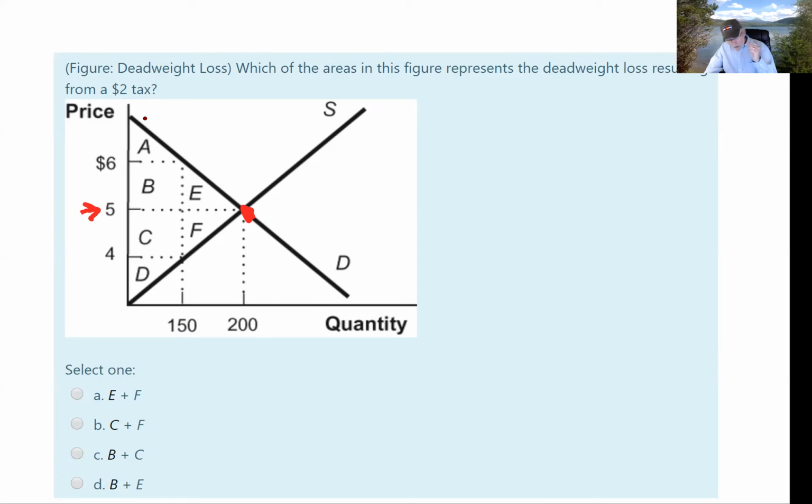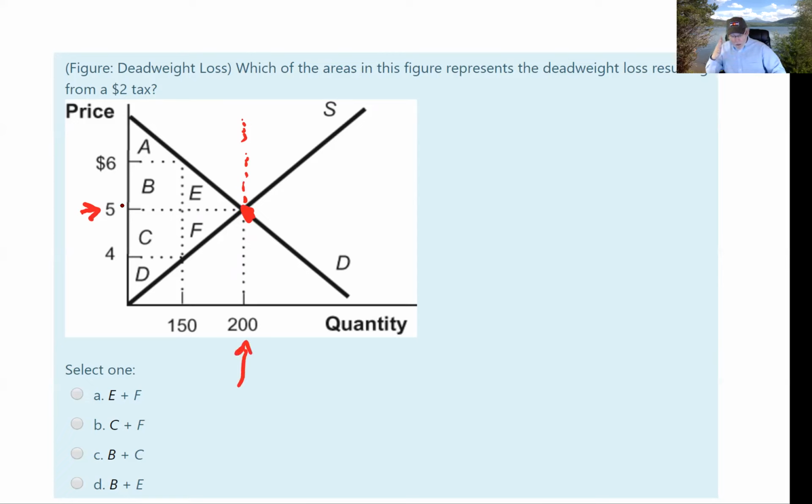And the question is, which represents the deadweight loss resulting from a $2 tax? We said that if you have a $2 tax, we can represent that as the supply curve being shifted up by the amount of the tax, because if we think about this original point on the supply curve, that point is telling you producers are willing to produce 200 units as long as they receive a $5 price.